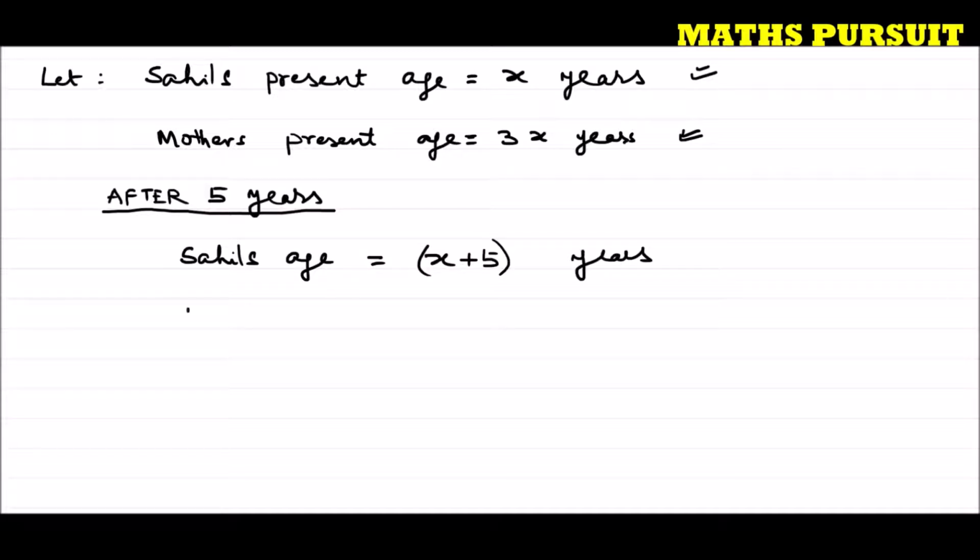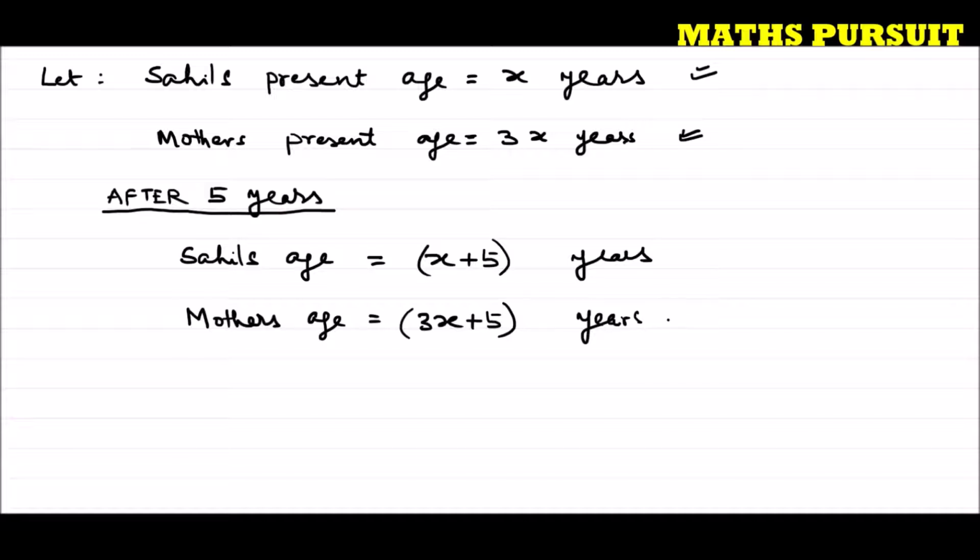Similarly, mother's age, which we have considered as 3x years, will be 3x plus 5. Because after 5 years, we just need to add 5. So Sahil's age is going to be x plus 5 years, and mother's age is going to be 3x plus 5 years.